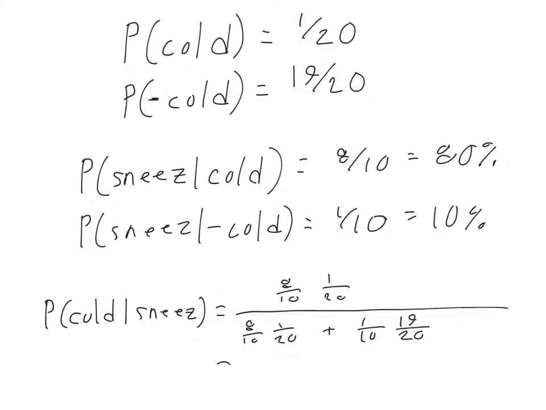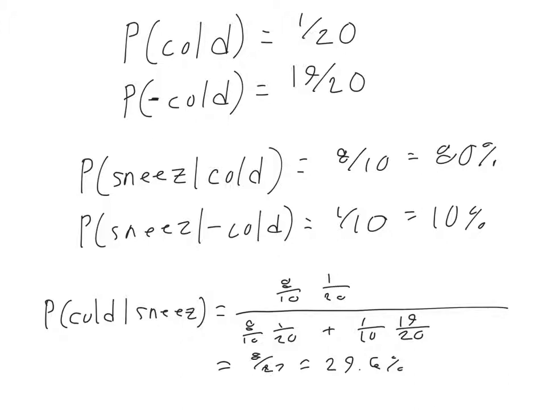Plug in all of that, do the arithmetic, and what you find is that the probability this person actually has a cold if they're sneezing, given our information above, is, doing the fractions, 8/27, or if you prefer as a probability, which I think would be easier to see, 29.6%.